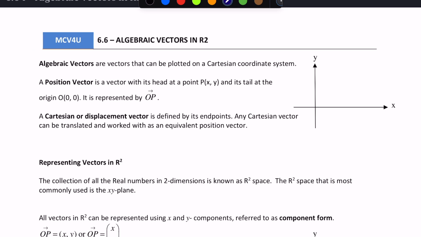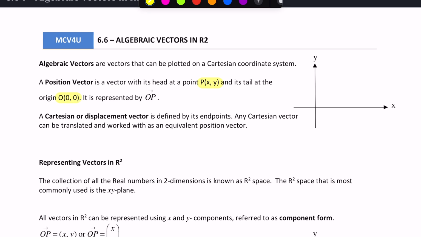Today we'll be looking at algebraic vectors in two space, or R2. Algebraic vectors are vectors that can be plotted on a Cartesian coordinate system. A position vector is a vector with its head at point P, point (x, y), and its tail at the origin.